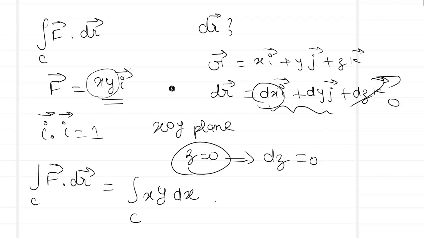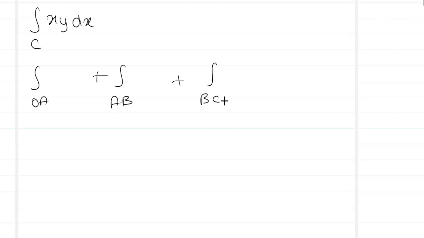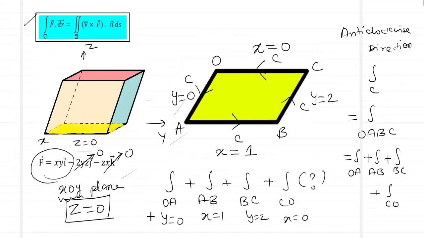And this portion is going to be evaluated along OA, along AB, along BC, and along CO. What am I going to evaluate? xy dx. Okay, so we will go and search for the equations.